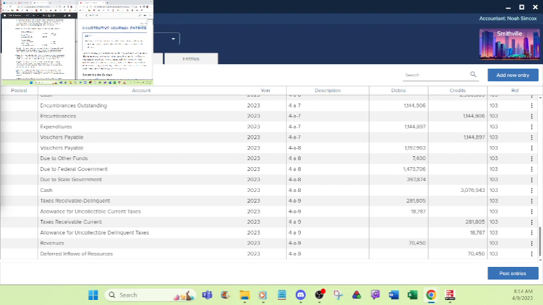Budget amendments. How do you record a budget amendment? Please show how to do that.